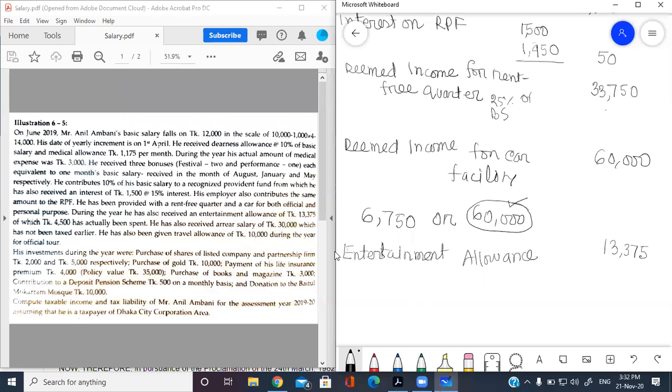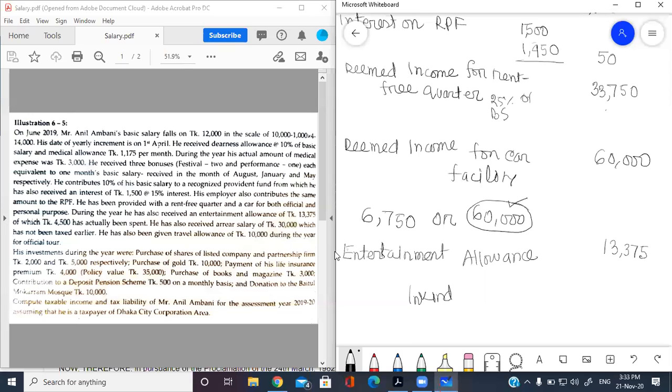Another way how people avoid taxes is to get the facility from the company in kind. The employee does not receive house rent allowance.